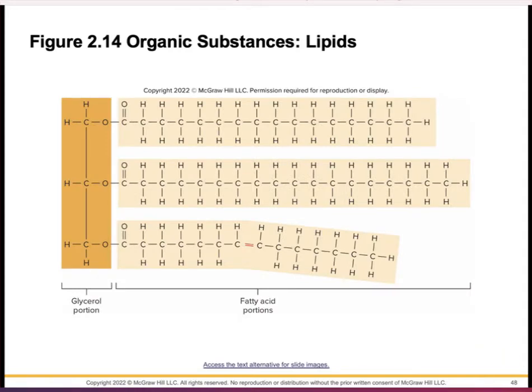All right, figure 2.14. This structure shows us a glycerol portion on the left extending from top to bottom, while there are three chains. Okay, so you have your glycerol portion of a lipid, and then you have your three fatty acid chains.